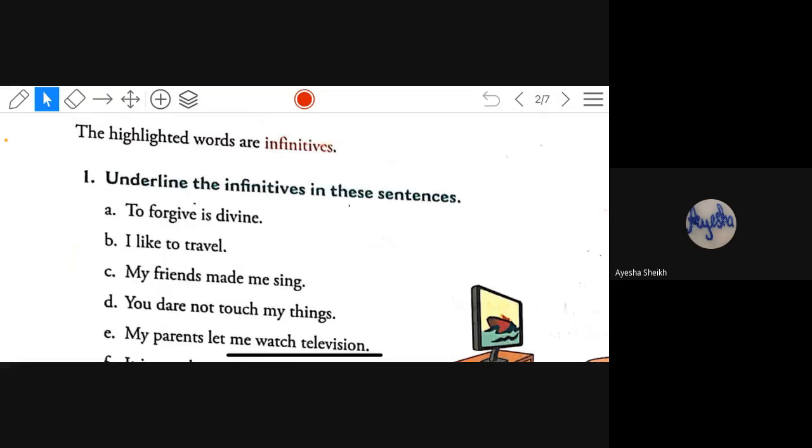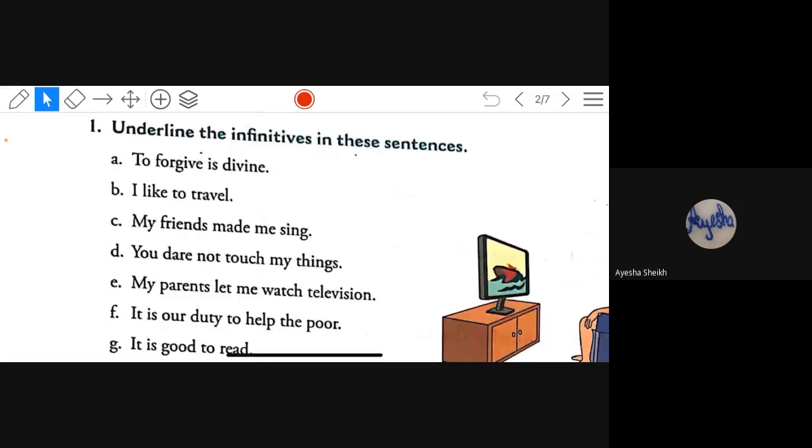Now can we underline the infinitives in these sentences very quickly? Okay, so first read the sentence and anyone who knows the answer can give the answer. This is an open ended question for everyone. Whoever wants to give the answer they can.